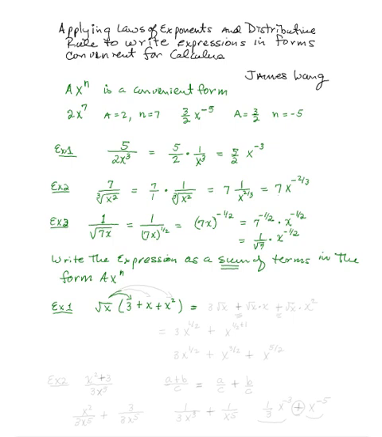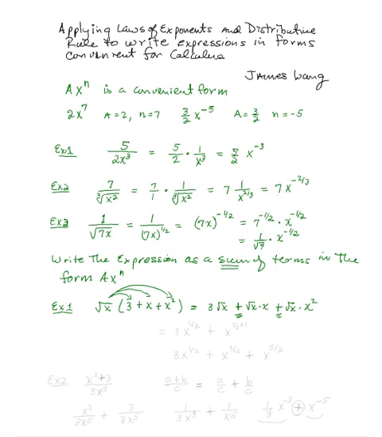We're going to distribute the square root of x through the parentheses, and when we do, we'll have 3 square root of x plus square root of x times x plus the square root of x times x squared. So that's the distributive rule. And that gets us to a sum of terms, which is what we wanted. We had a sum of 3 terms.